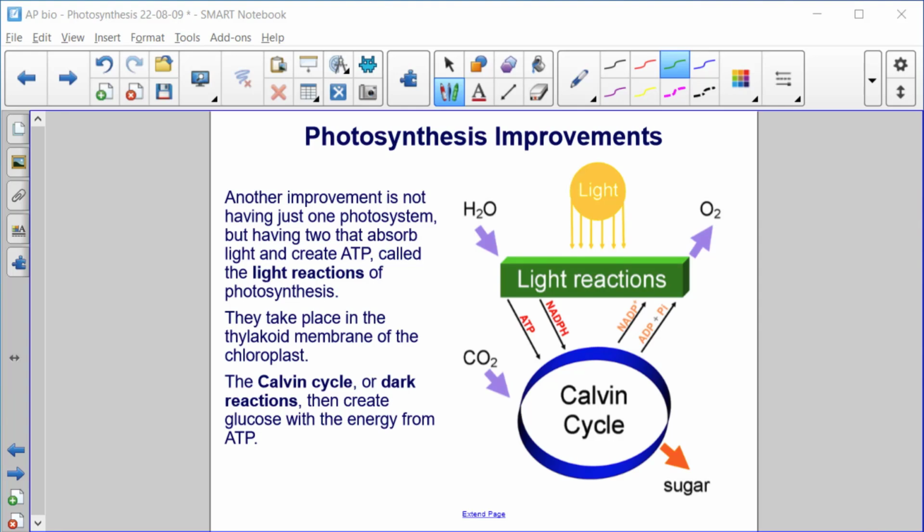The Calvin cycle, or dark reactions, then create glucose with the energy from ATP. So you can see we have two stages here, one involving light reactions and the second called the Calvin cycle.